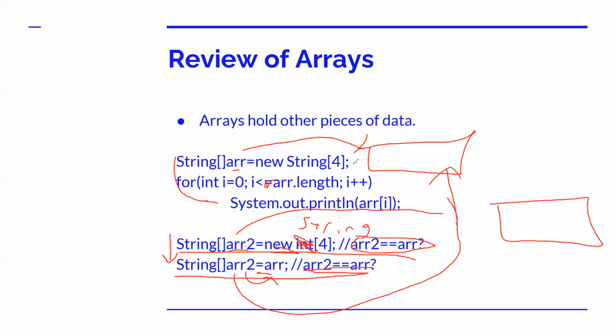It doesn't have its own space. It is using the exact same space as array. Which means what? Well, remember, they're all null values. So if I were to do array2 sub 0 equals hello, then what would happen to array? And what would happen to array2?